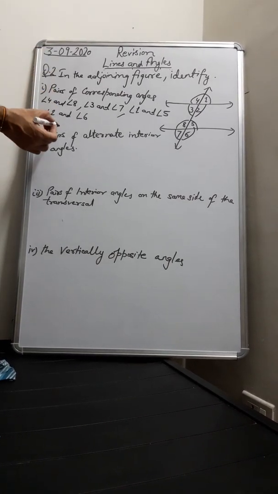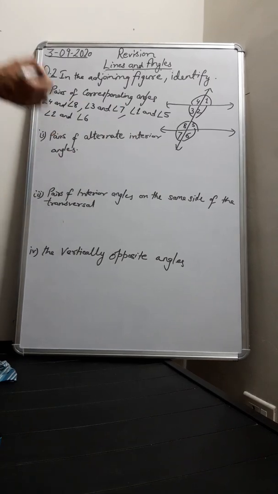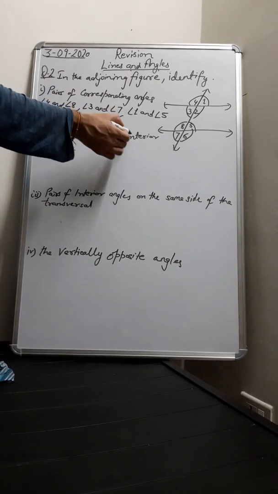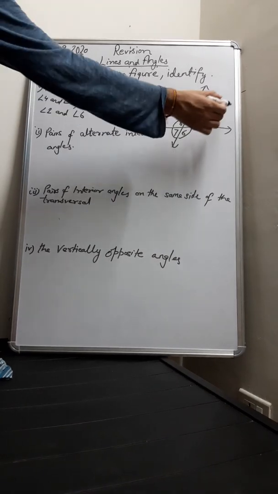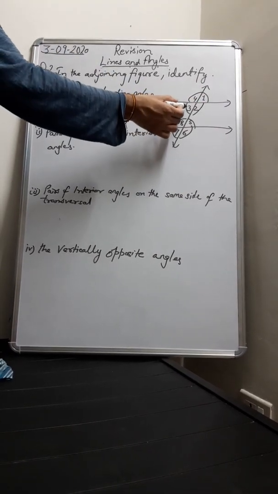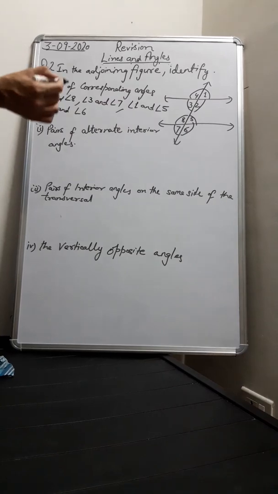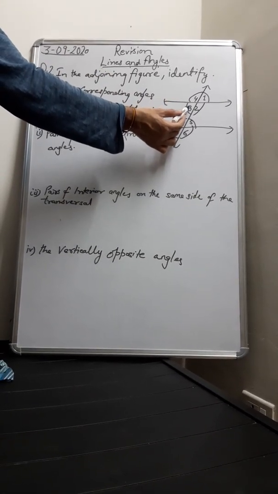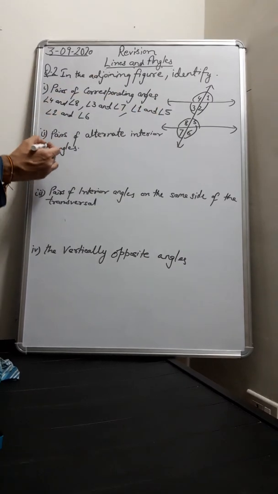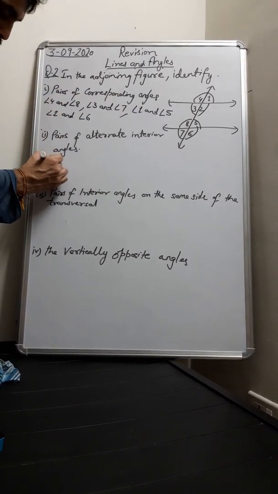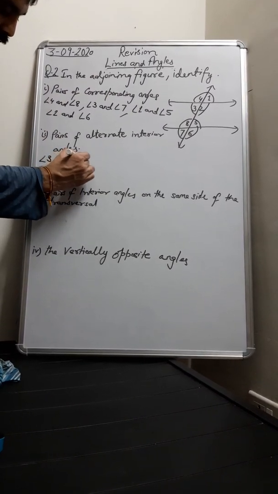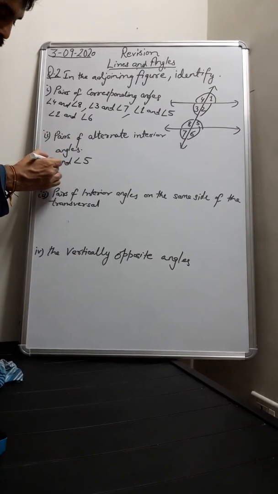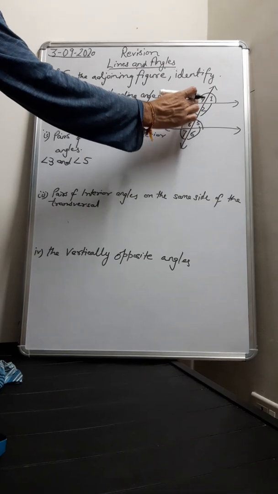Now next, pairs of alternate interior angles. Alternate interior angles means the interior angles which are lying in between these two lines. So the first interior alternate pair will be angle 3 and angle 5.